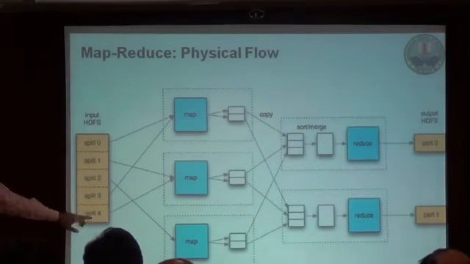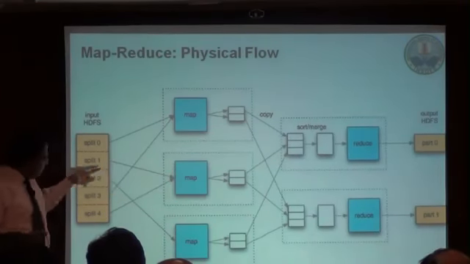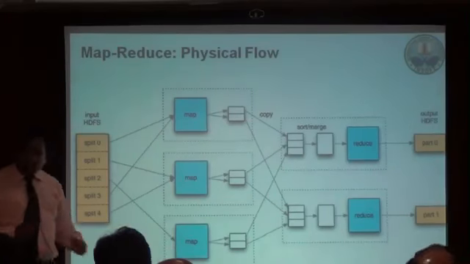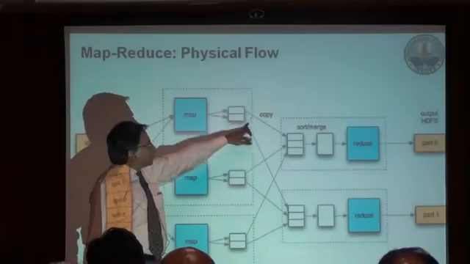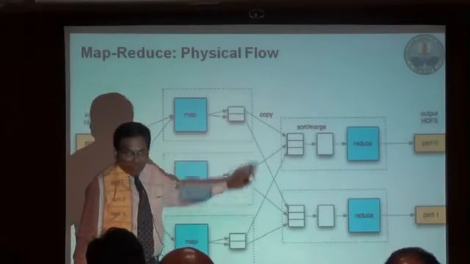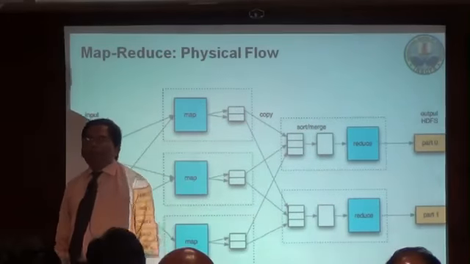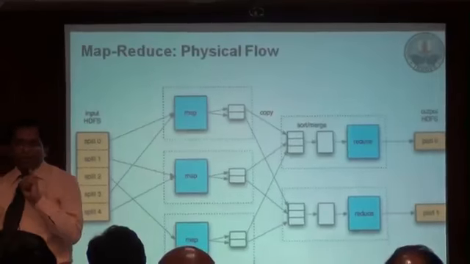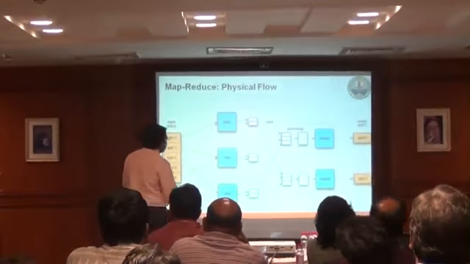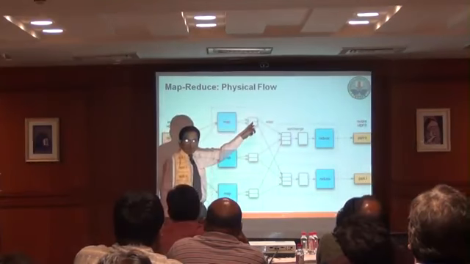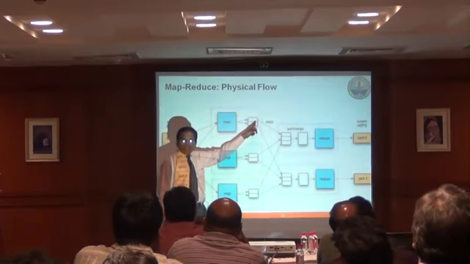Likewise, split 1 and split 4 are on one machine, and split 2 is on a separate machine. So, a mapper job runs and produces some output. This output is being produced on that local data node, the local physical machine. It is on that hard drive, on that intermediate storage.